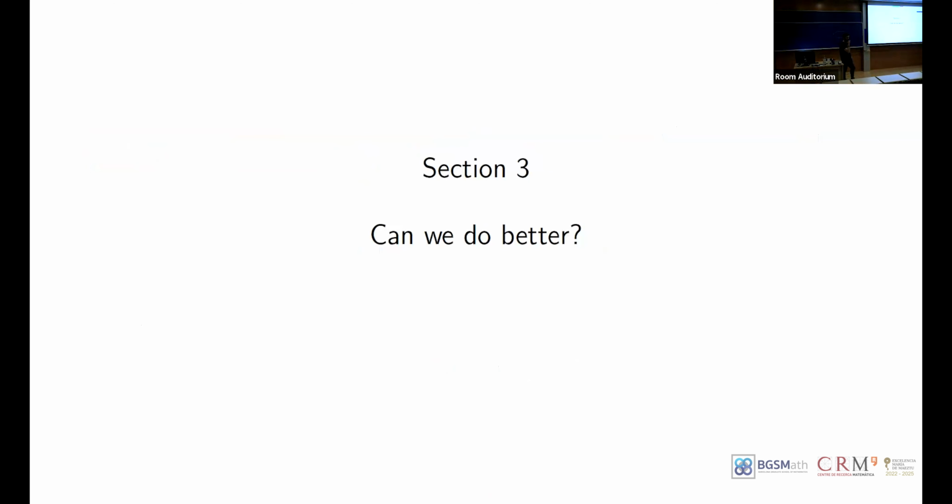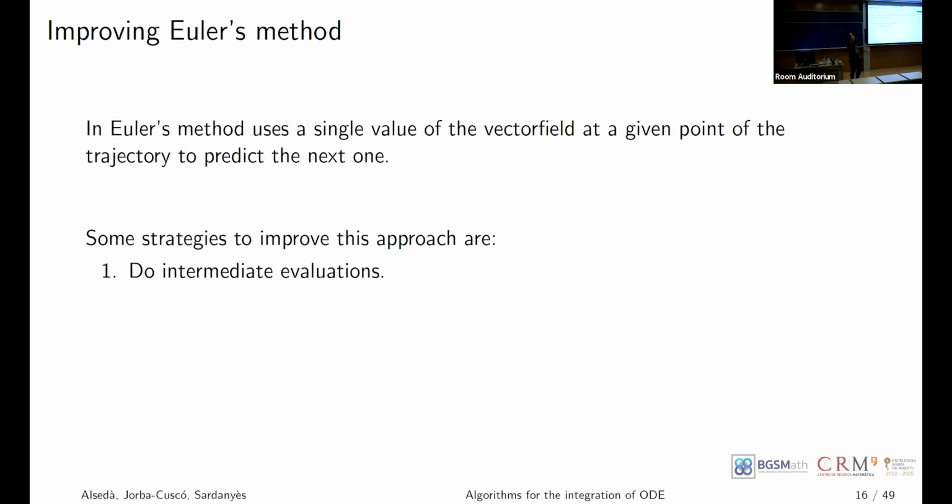So the question, section 3, can we do better? Of course we can. And if you think about what we are doing when using the Euler method, we're using just an evaluation of the vector field at a given point to predict the next one. So we are using instantaneous information of the equation or the trajectory, just the derivative of the trajectory at a given point.